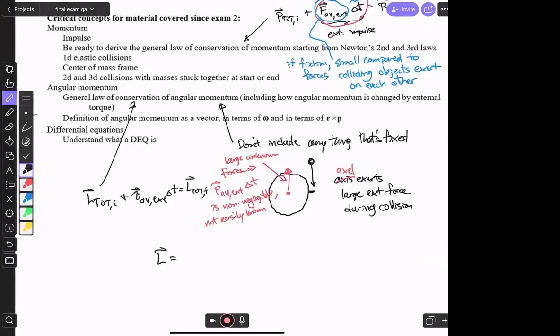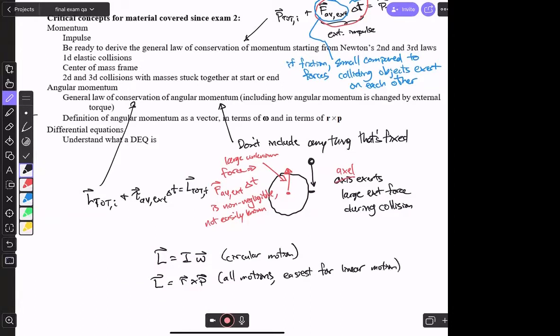So L equals I omega if we're talking about something that's moving in a circle, circular motion, and L equals r cross p. This works for all motions, but it's easiest to use for linear motions.